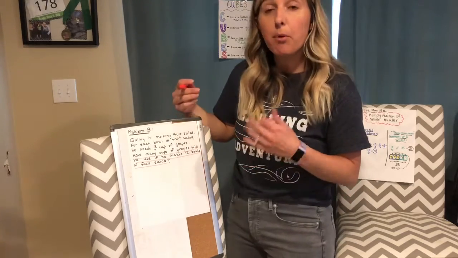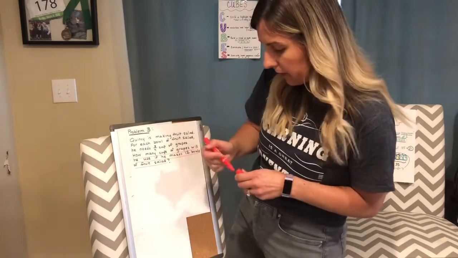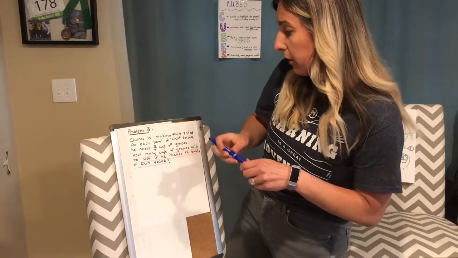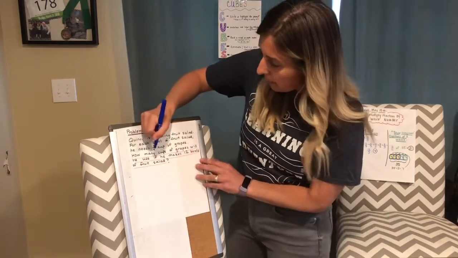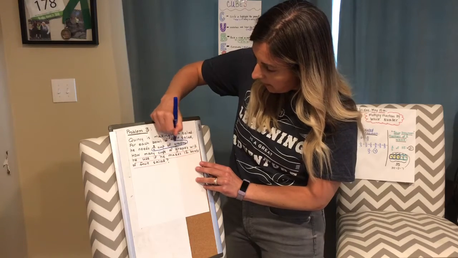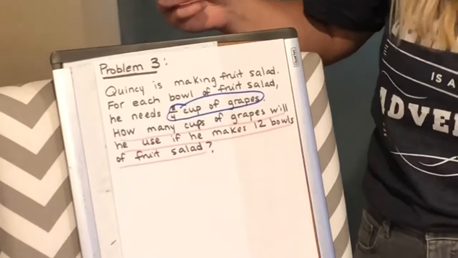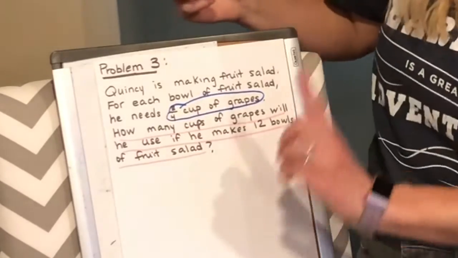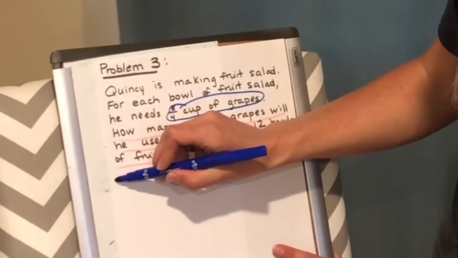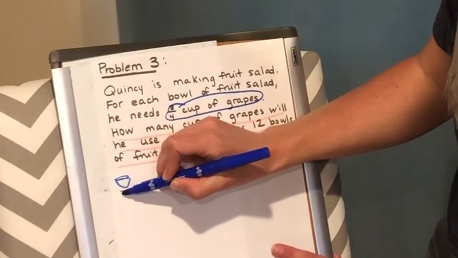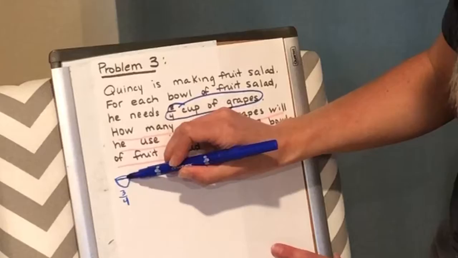So let's look at some important information. I'm going to use a better color here. For each bowl of fruit salad, he needs 3/4 cup of grapes. So if I'm beginning to picture what's going on here, for the first fruit salad bowl, he needs 3/4 cup of grapes.